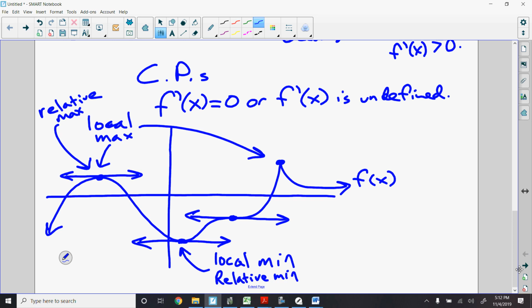A relative minimum is the lowest point in its little area. But there's another critical point out here that isn't the highest in its area or the lowest in its area. We call those neither points, neither a local max nor a local min. Oftentimes we see these with terrace points, but it's not the only one.